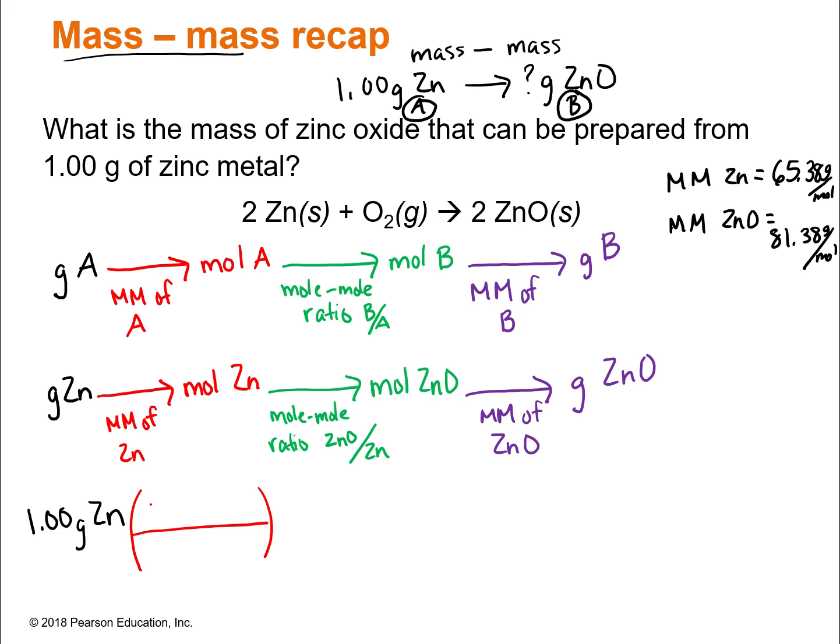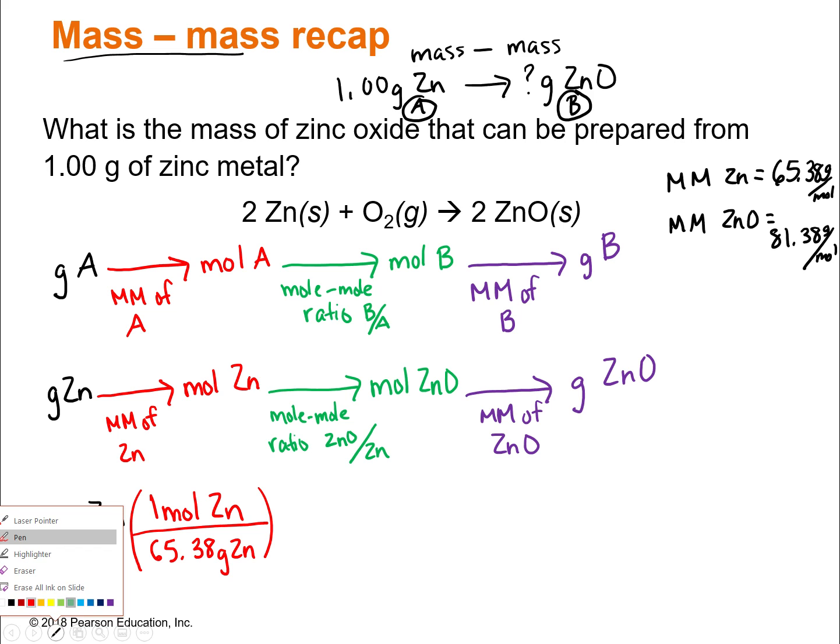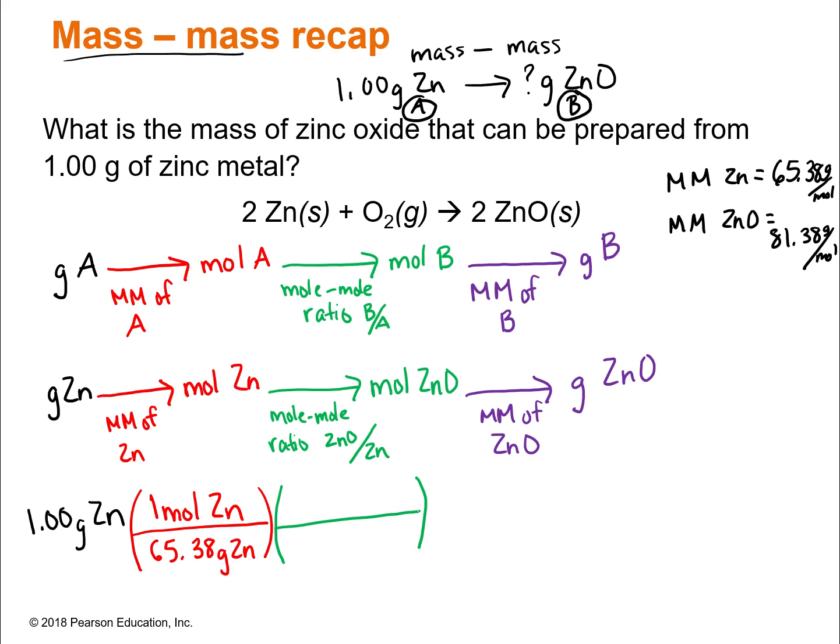Yep, I'm putting them in the bottom. Now I need a mole-mole ratio that relates the amount of zinc oxide to zinc. So we're looking at these two things in the chemical equation. What's my mole ratio going to be?